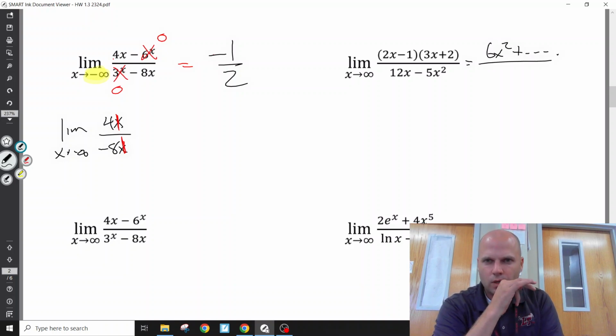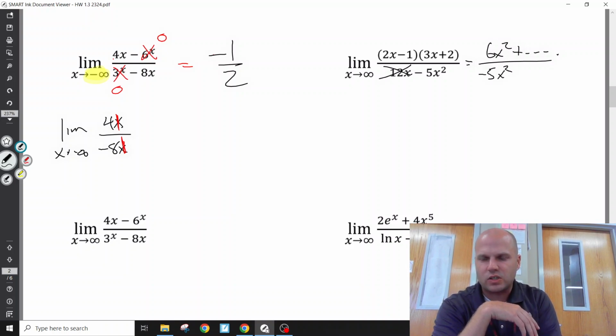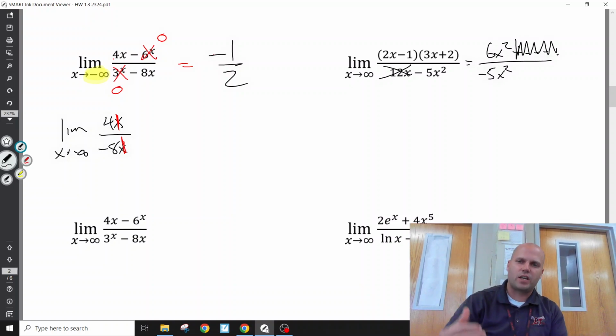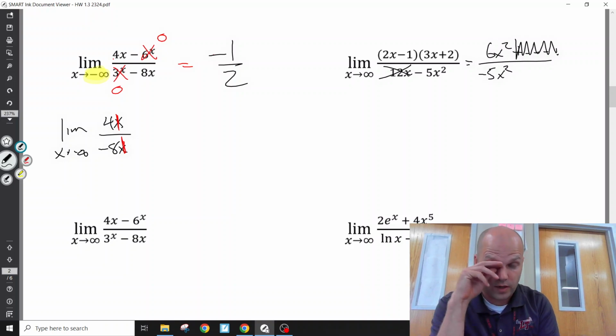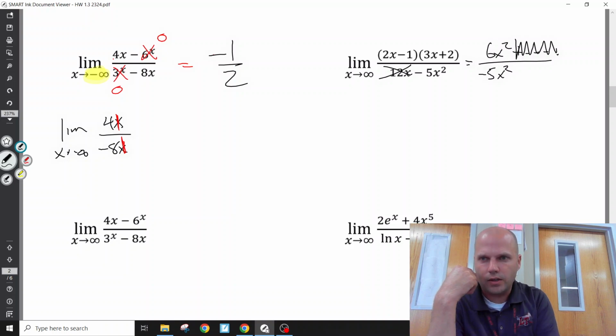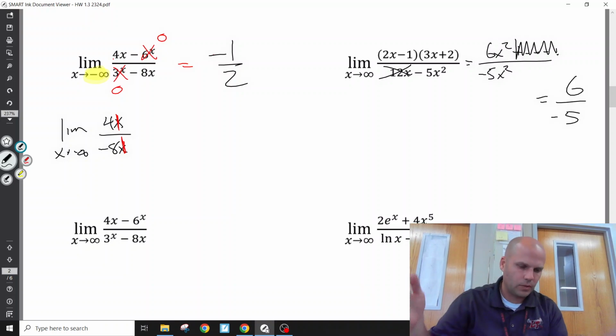Don't care. The bottom, you got 12x. Don't care about that compared to the negative 5x squared. So the other stuff is going to be insignificant in its infinities. We end up with 6x squareds over negative 5x squareds. That's a deal of the same over the same. So your limit's going to be negative 6/5, or however you want to write it.